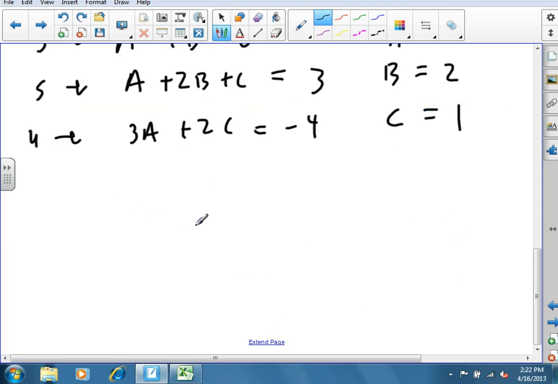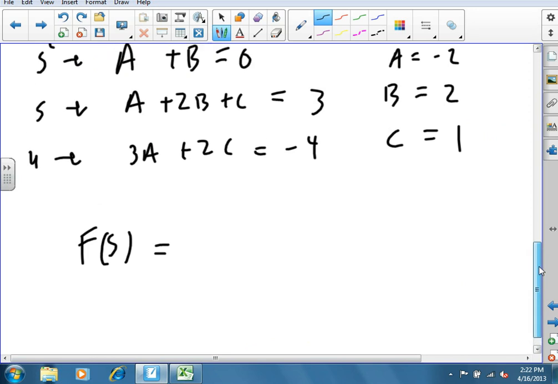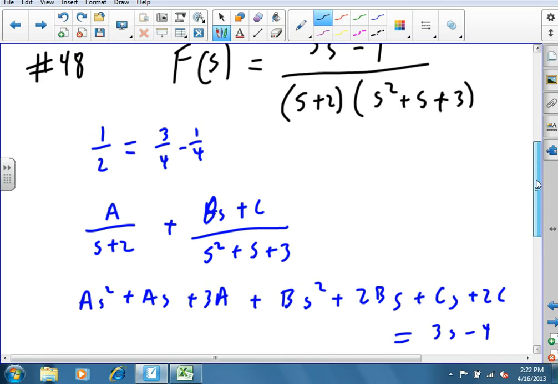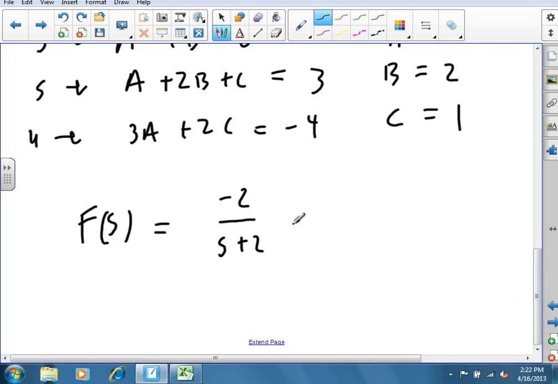Okay, so that being the case, I have something in the form minus 2 over s plus 2, plus 2s plus 1 over s squared plus s plus 3.